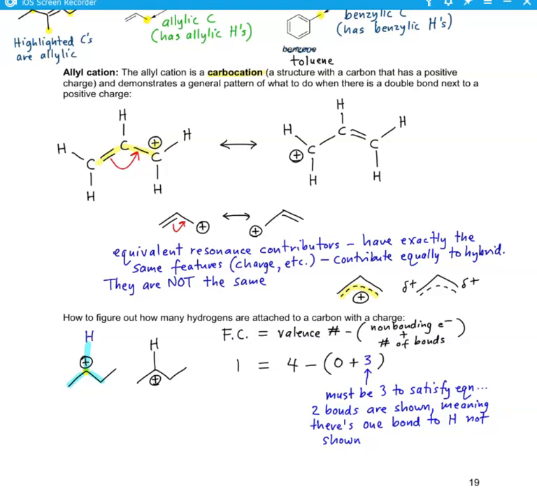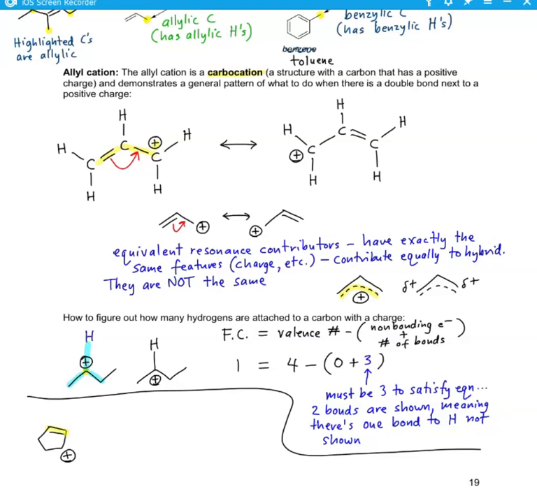The allyl cation and patterns like it, again, are typically going to be parts of larger molecules. So let's draw a picture of a more complicated molecule, but again, we're recognizing structural features that allow us to decide whether or not we can draw resonance.